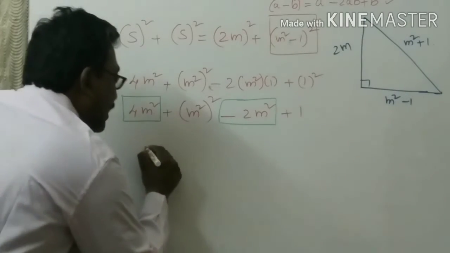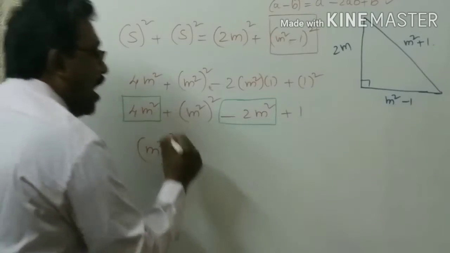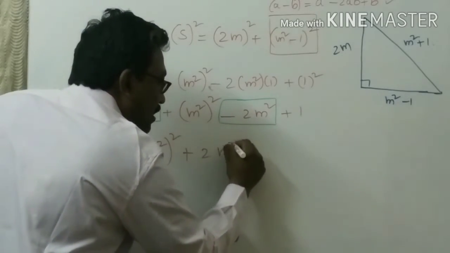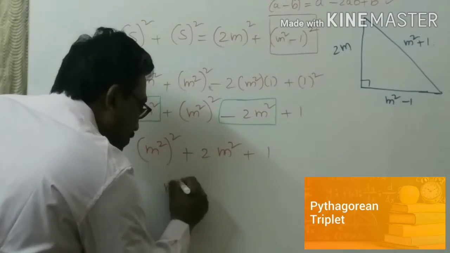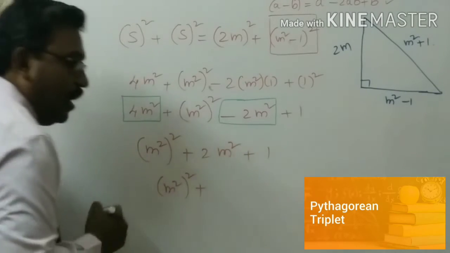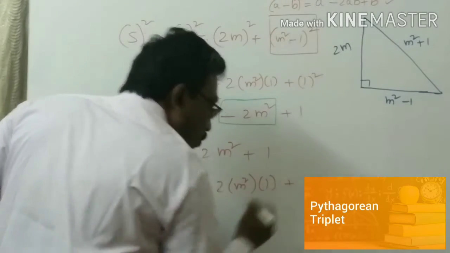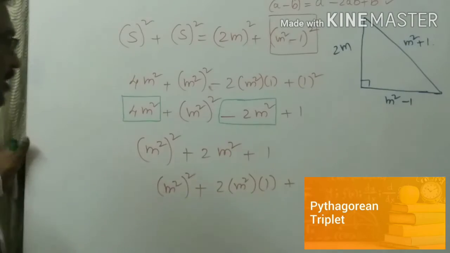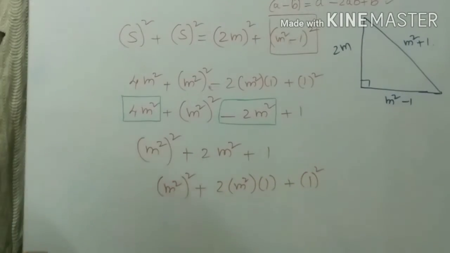So I am writing this as m square whole square, 4 minus 2, obviously plus 1. I am rewriting this as m square minus whole square, 2 into m square, I am multiplying with 1 because 2 ones are 2 itself. And I am writing 1 as 1 square, because 1 square is 1 only.